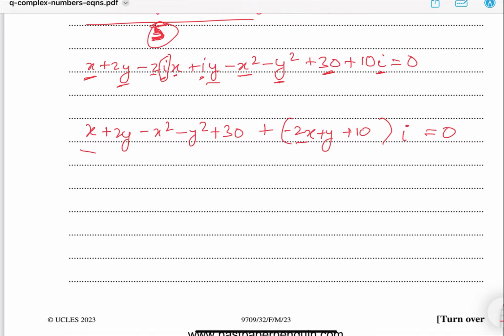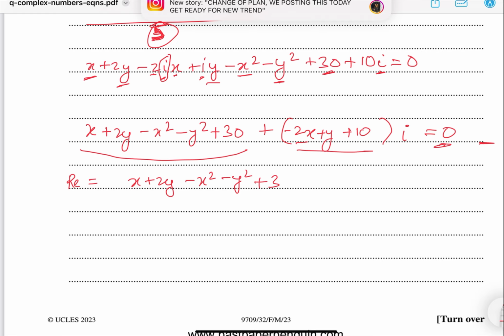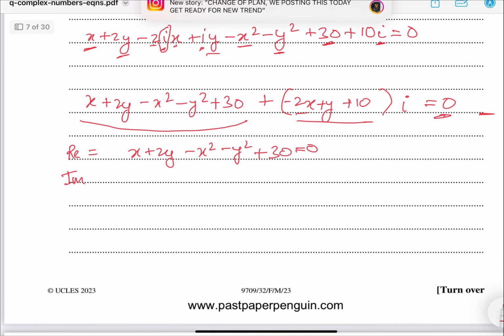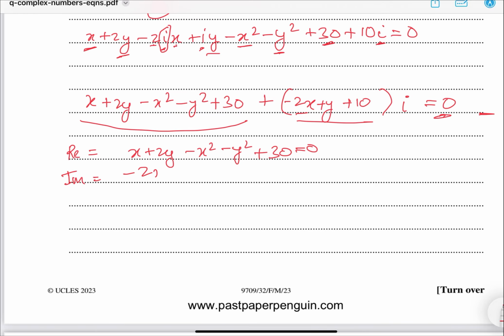Now tell me, the real part is also 0 and the imaginary part is also 0. See over here, 0, 0. Yes or no? So if I put real part equals 0, it will give us x plus 2y minus x square minus y square plus 30 equals 0. And the imaginary part, that is minus 2x plus y plus 10 equals 0.